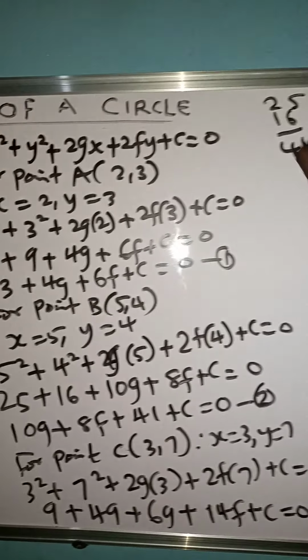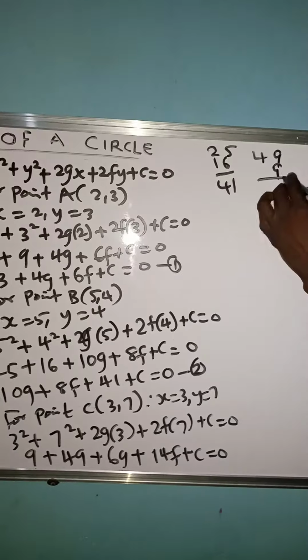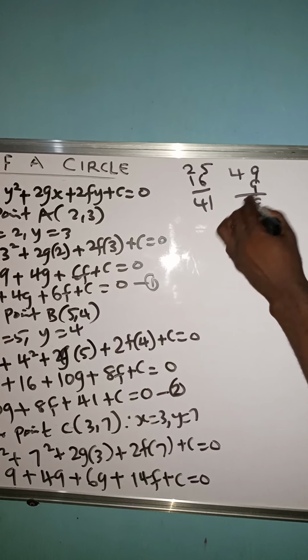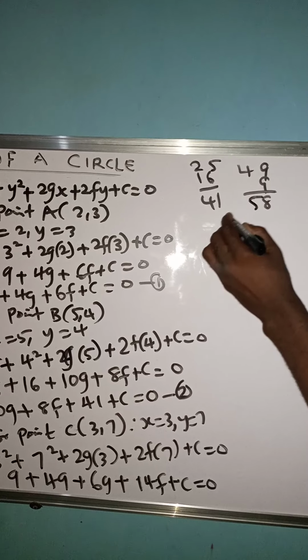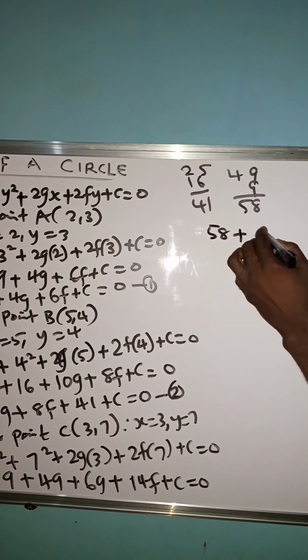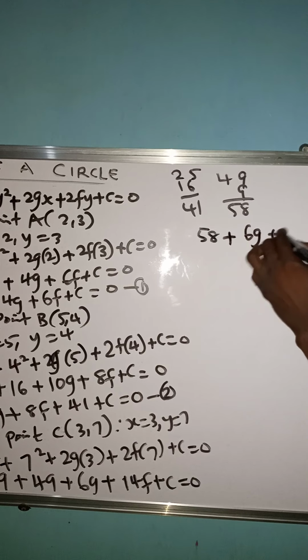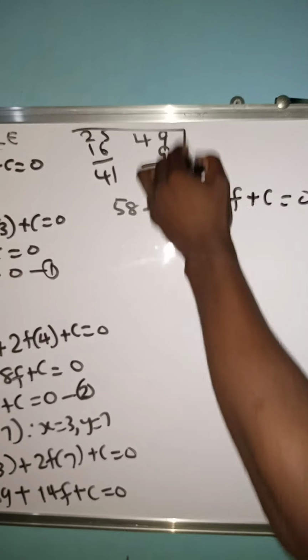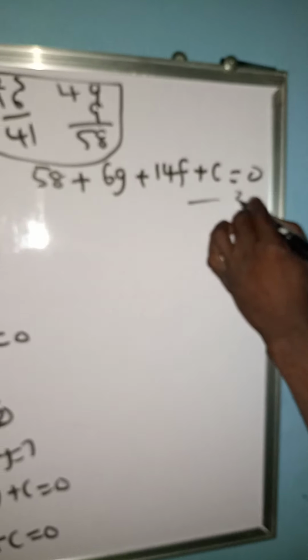So 49 plus 9 is 58. So we have 58 plus 6g plus 14f plus c equals 0. This is equation 3.